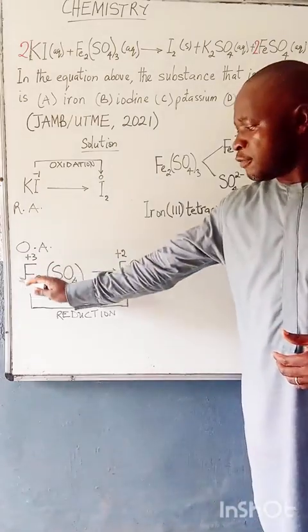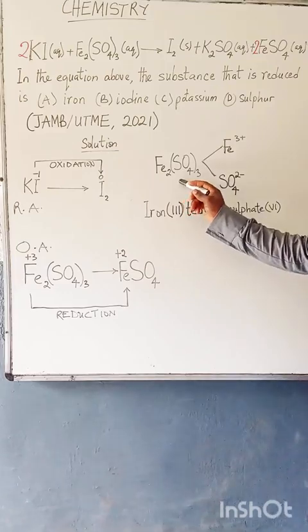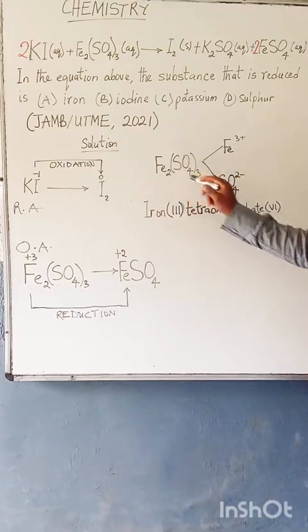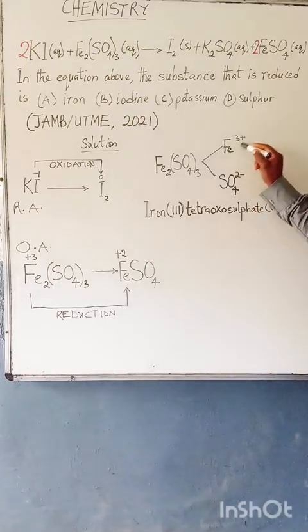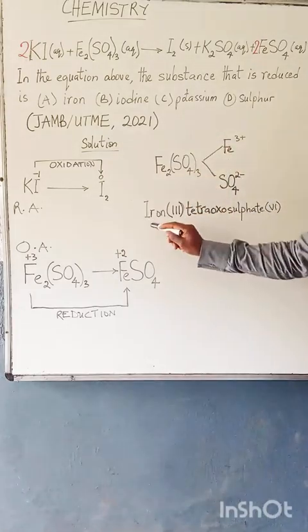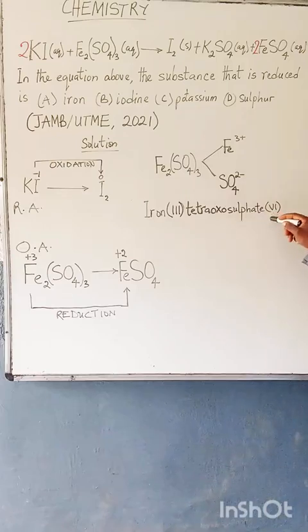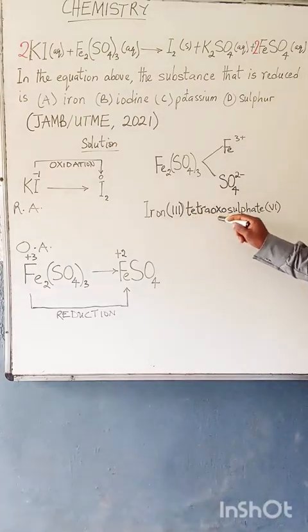What's the IUPAC name of this compound here? I have split it into two. From here we get iron 3 ions, and we also get SO4 2-. If here is iron 3 ions, the IUPAC name of this compound is iron 3 tetraoxosulfate 6.